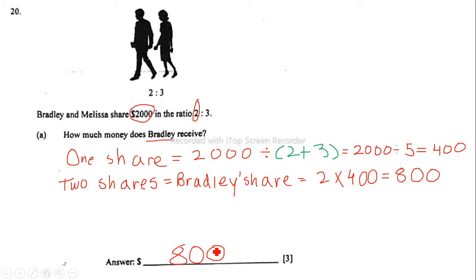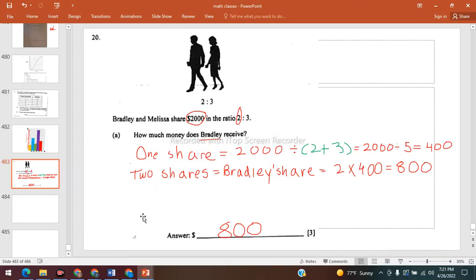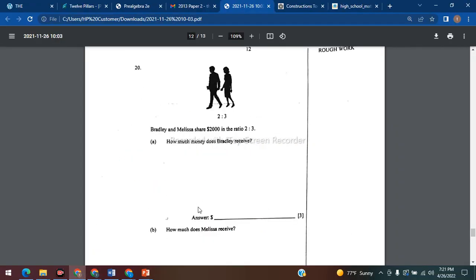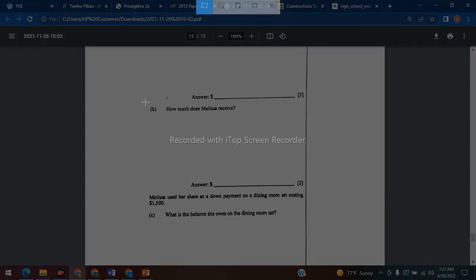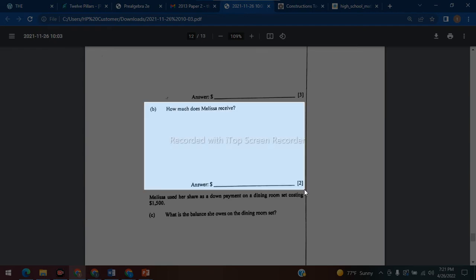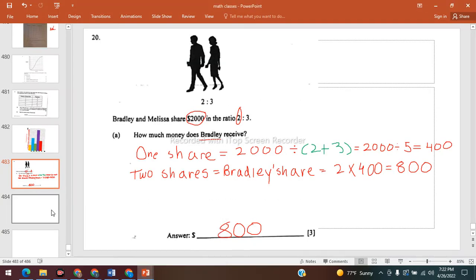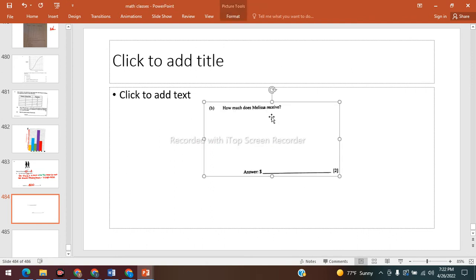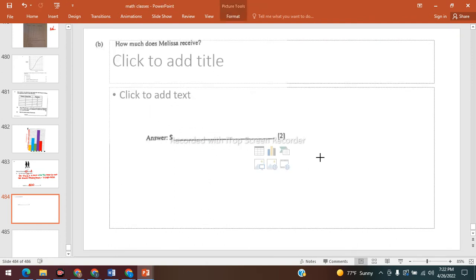How much did Melissa receive? 1,200. How did you get that? I do the same thing, but usually I just do all two one time.